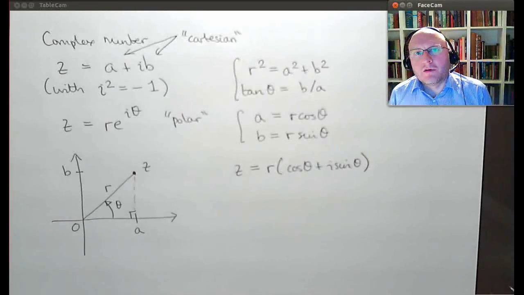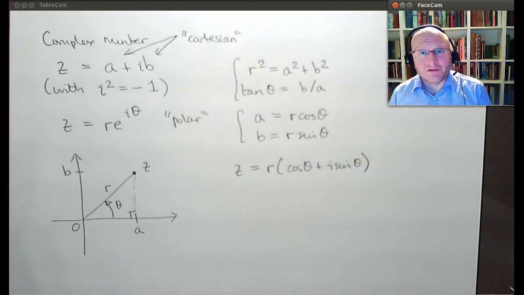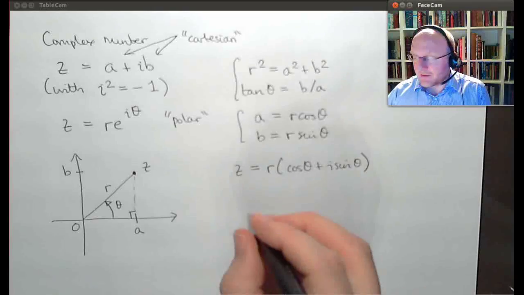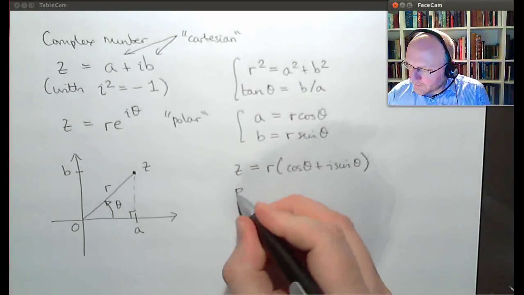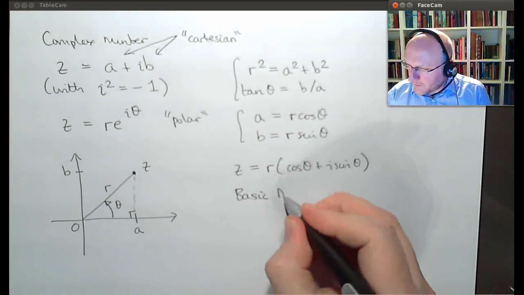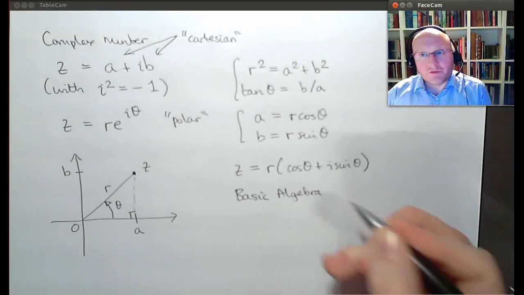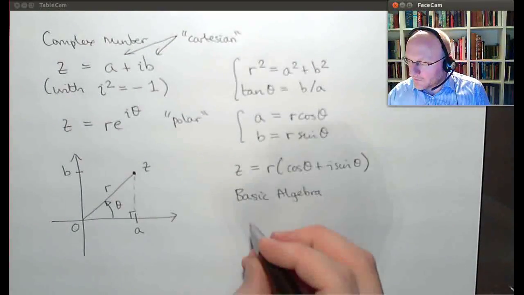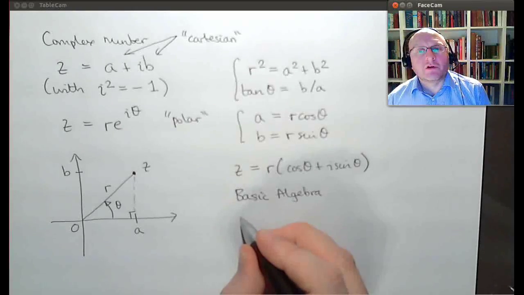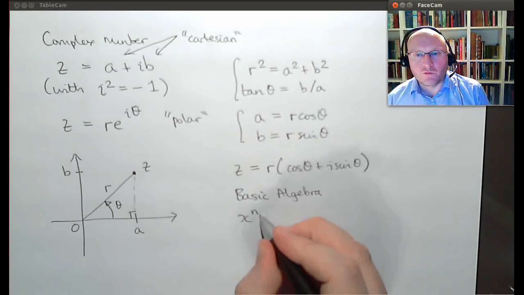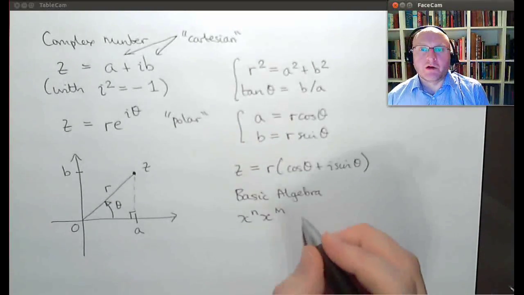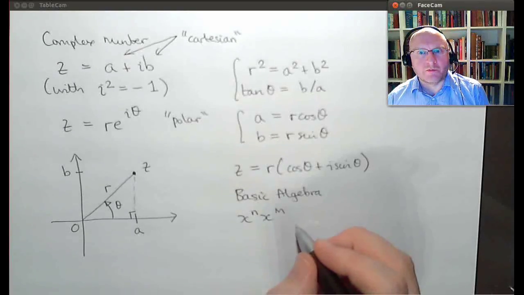The next ingredient I'm going to need in deducing my trig identities is to remind you of some basic algebra to do with indices, that is powers. So the first thing I want to recap is what happens if we multiply two different powers together of the same quantity.